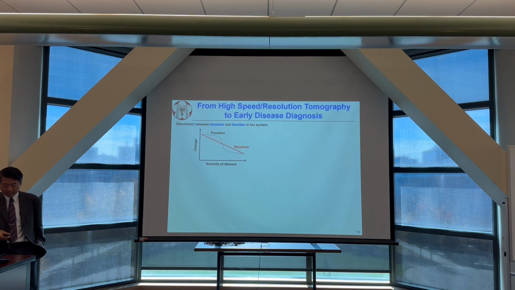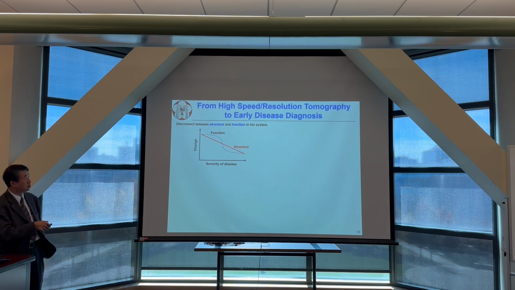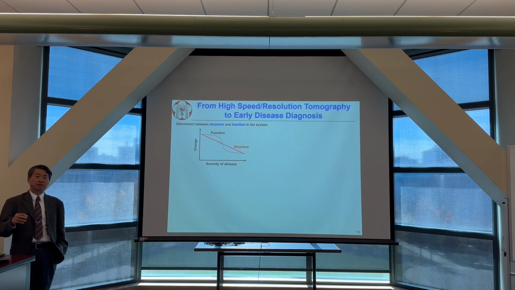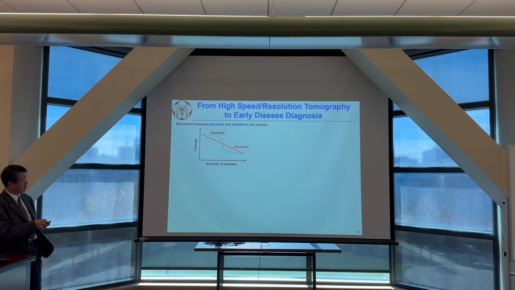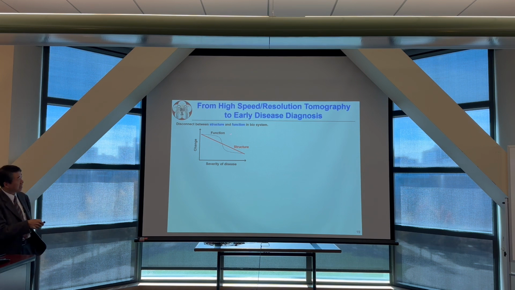Because for many diseases, the structural information is actually a better indicator of the severity of disease than functional information, because functional change is a broad change, while structural change is usually more linear. And with OCT you can detect the structural change.